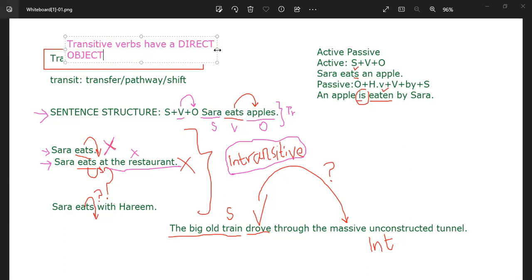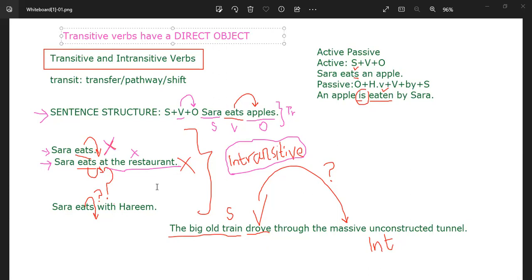Intransitive verbs lack a direct object. For those of you who do not know what direct and indirect objects are, let me explain it in a while. You do not necessarily need to know the concept to understand transitive and intransitive verbs, but I am going to explain it because I have mentioned this. I don't want anyone to keep thinking, maybe I would have understood it better if I had known this, because I know this happens. So I'm going to touch that concept as well.